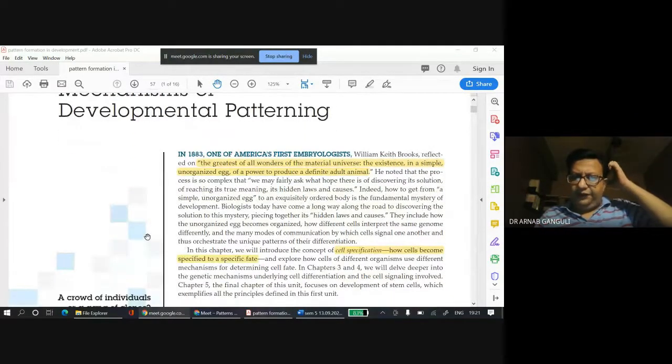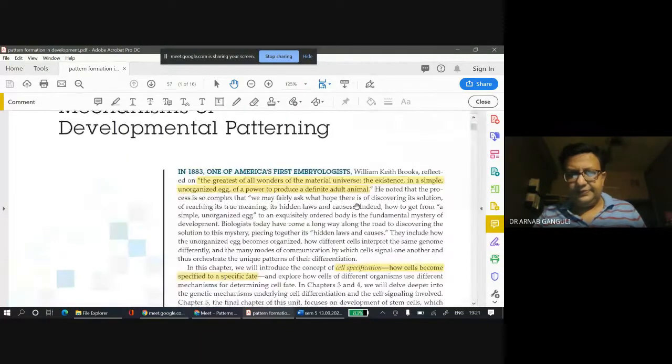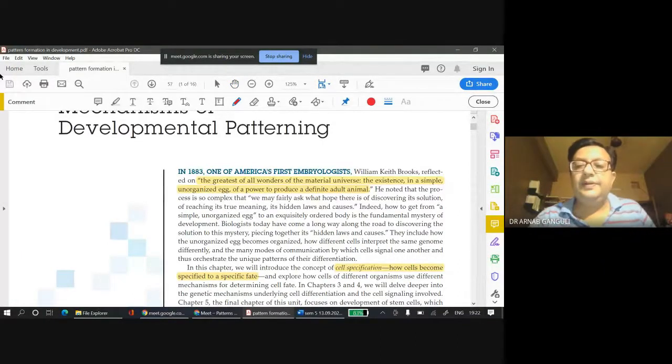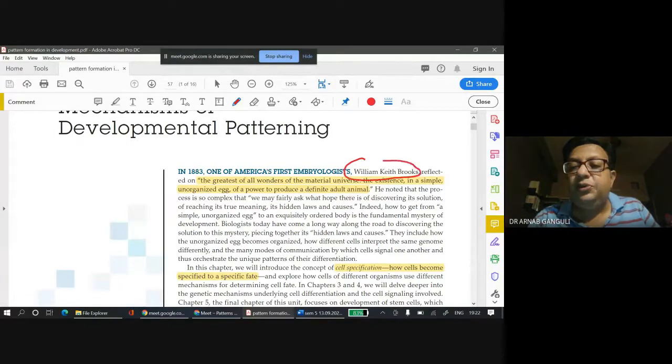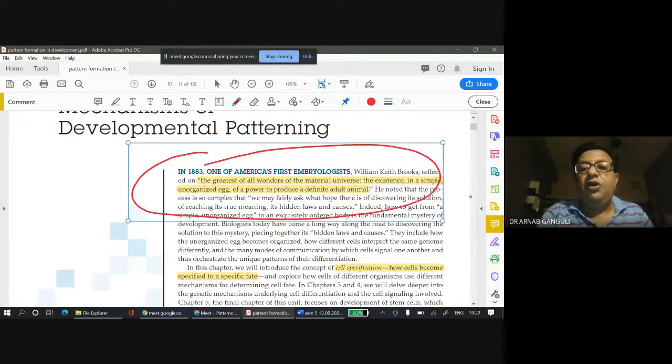So one of America's first embryologists, William Keith Brooks, reflected that the greatest of all wonders of the material universe is the existence in a simple, unorganized egg of a power to produce a definite adult animal.